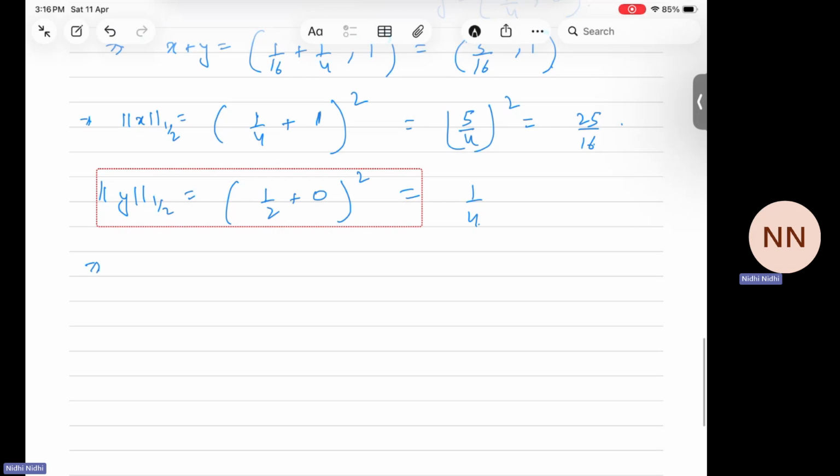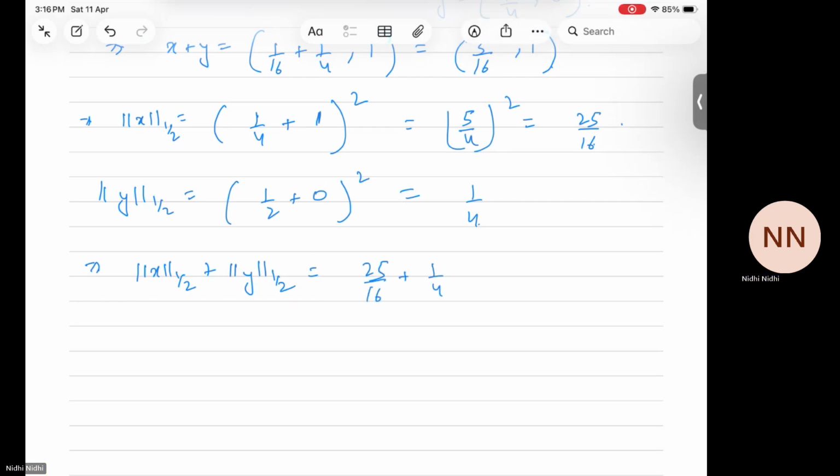So this gives us 25/16 plus 1/4, which is (25 plus 4)/16. So yeah, 29/16.